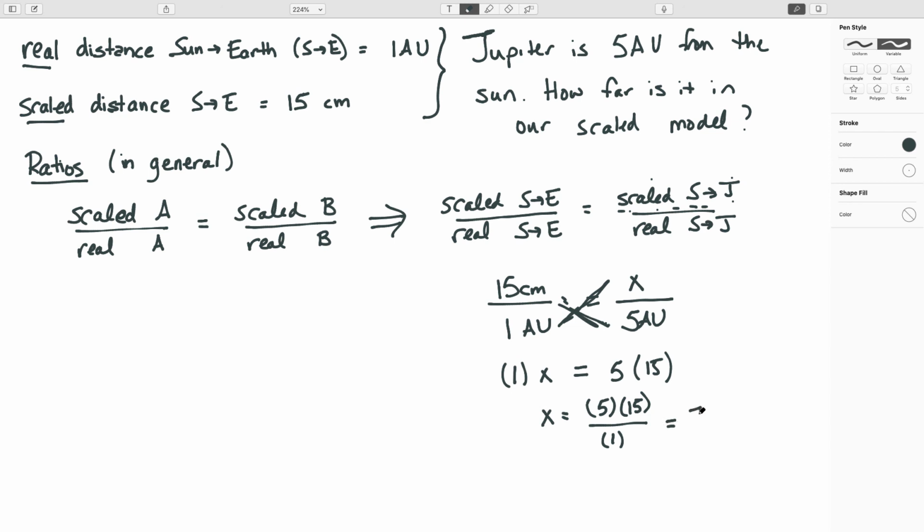And when we do that, we get 75 centimeters. This is our scaled sun to Jupiter. That's what we wanted. So we would need to measure off a distance of 75 centimeters in order to show where Jupiter would be on our model.